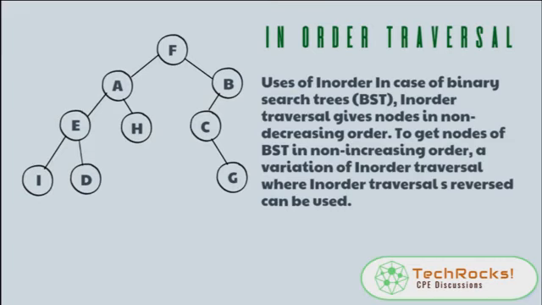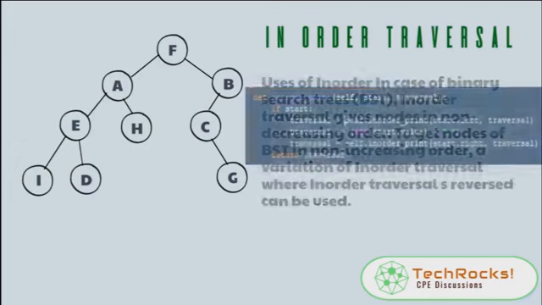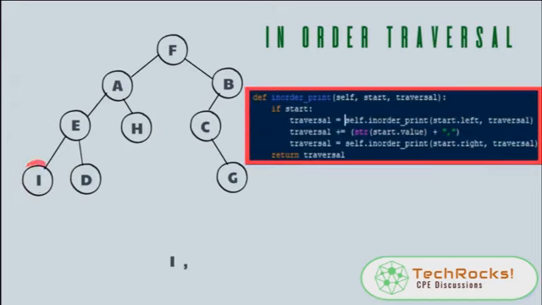In the in-order traversal algorithm, the left node is the first to be executed, then the parent of it, followed by the right node. Here in our tree, the output is I, E, D, A, H, F, B, C, and G.